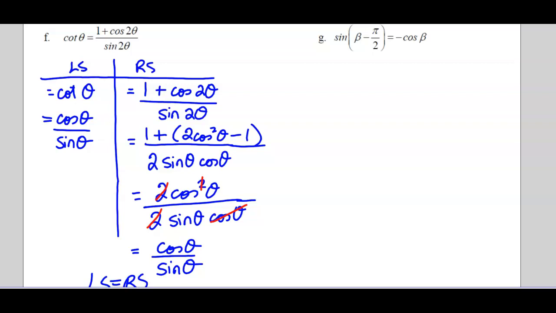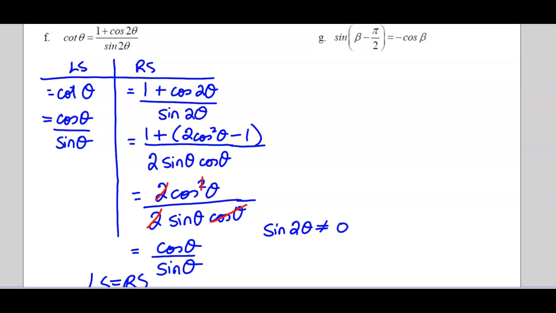In terms of restrictions, we've got a denominator. So in the denominator, sine of 2 theta cannot be 0. We haven't solved equations like this, so you might want to look back up here to your substitution to see what sine of 2 theta is equal to.